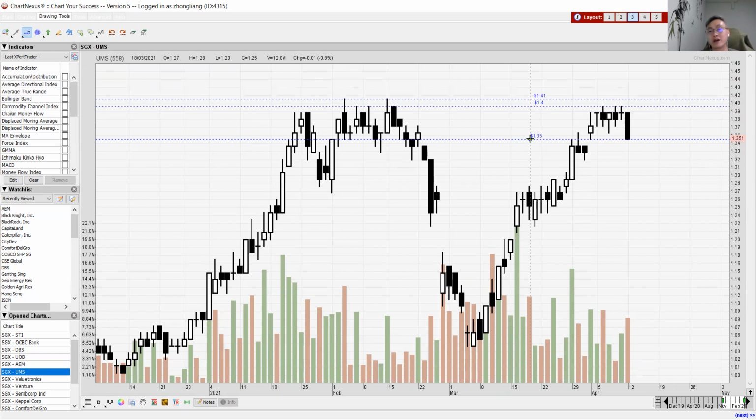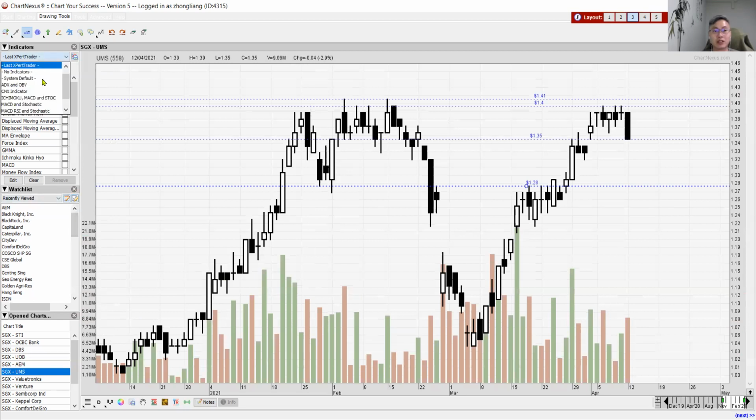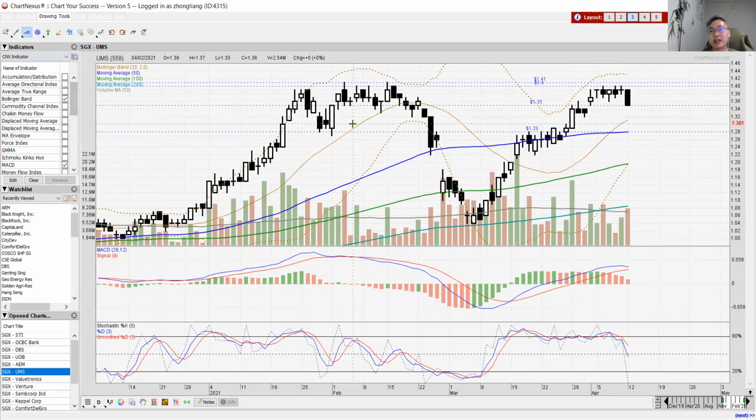So at 1.35, there's one support. Now, if we can't hold on to this 1.35, the next support level at 1.28 may be the level to watch out for. Of course, we can also use an indicator, the moving average, as a gauge of where the support is likely to be.